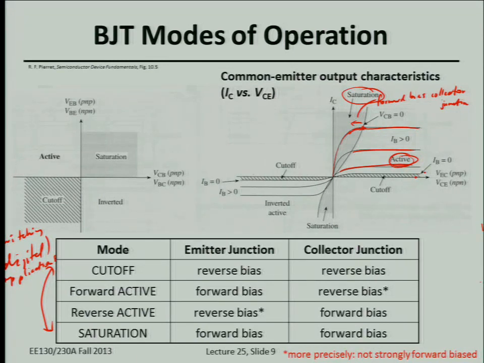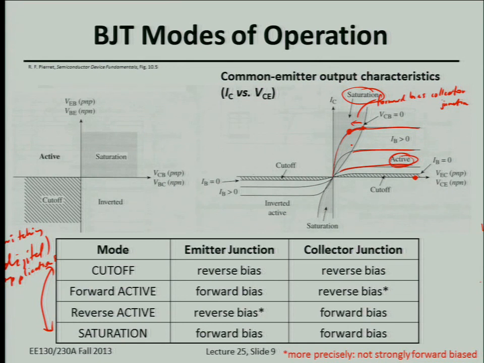So in cutoff, we operate with 0 current, ideally, but with large voltage across. So usually when we operate a BJT as a switch, we operate between cutoff when the switch is open, to saturation when the switch is closed. In other words, large voltage drop across the switch or small voltage drop across the switch. Those are the regimes of operation for a BJT.